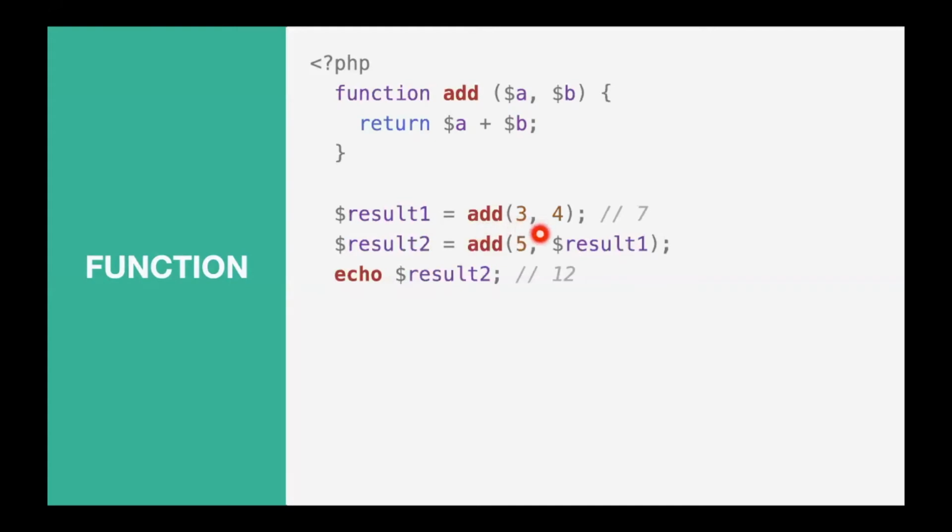So we're passing 3, 4, and this will give us the result of 7. This will be saved to the variable $result1. Then we have it again where we're calling add again. So we do add 5, $result1. Now we're passing that 7 that we've stored into $result1 as a result of calling add. And now we will get 12 for $result2.